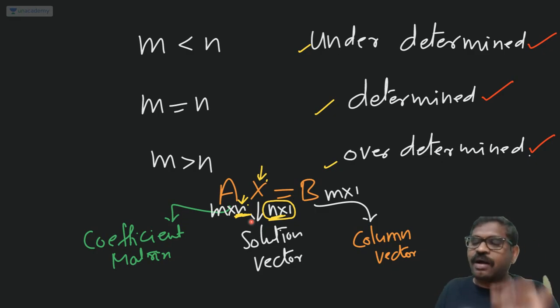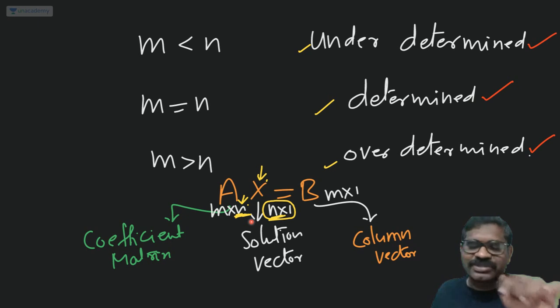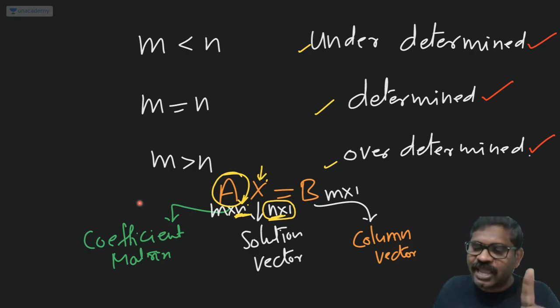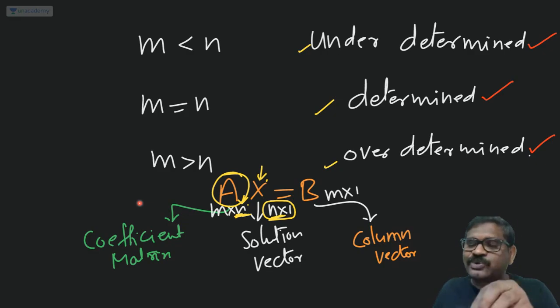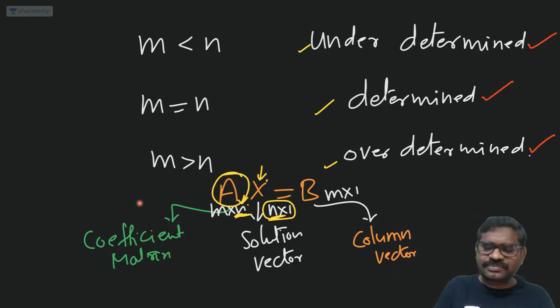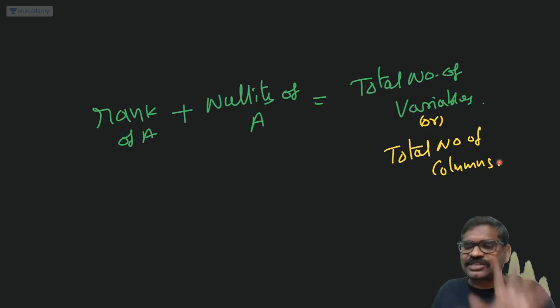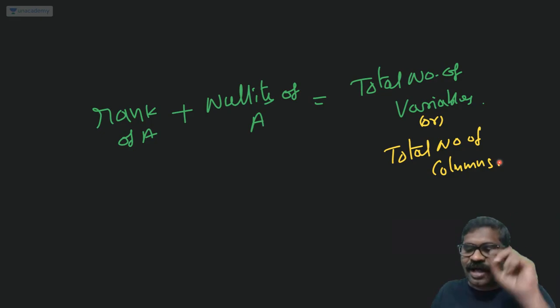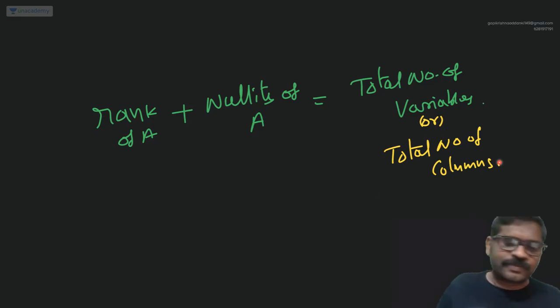That's why always you have to count columns in coefficient matrix A. Number of columns in A gives you an idea about how many variables are in your system. If you have 3 columns, your system has 3 variables. Column is not a variable; column gives you an idea about the variable.